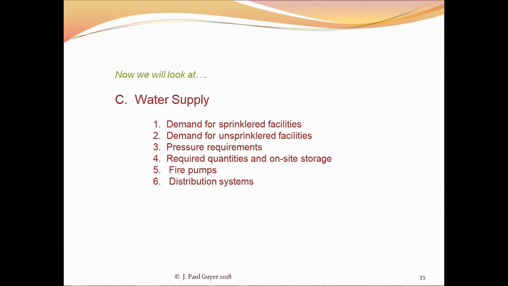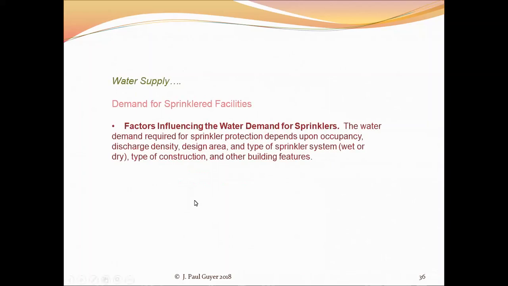In other words, you've got a building in a remote location. There is no municipal water supply present there. So how much water do you need, and how do you get it if you don't have a municipal water system? Well, very simply, if you don't have a municipal water system to hook up to, you have to store water on site for fire protection purposes.